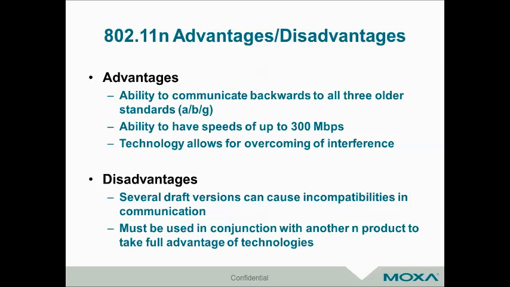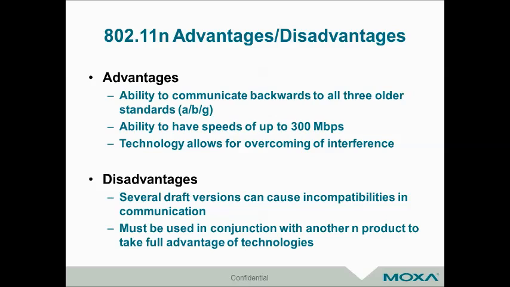802.11n does have the ability to communicate backwards to all three older standards: 802.11a, b, and g. Now it's important to note that in order to communicate backwards to these older standards, you have to have an 802.11n radio that supports both 2.4 and 5 gigahertz. There will be some devices that operate on 2.4 gigahertz only, or some that do 5 gigahertz only.